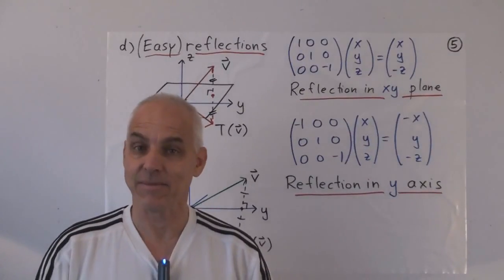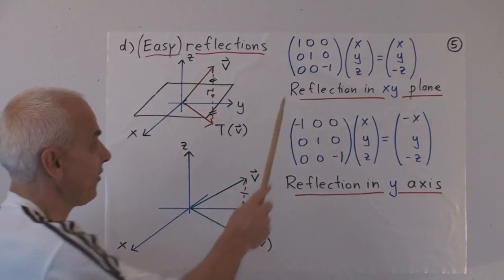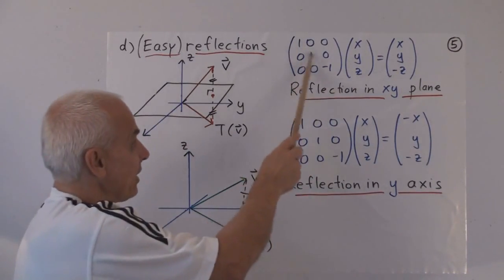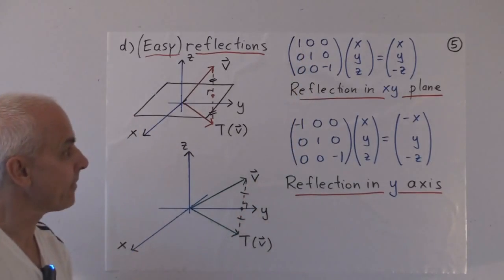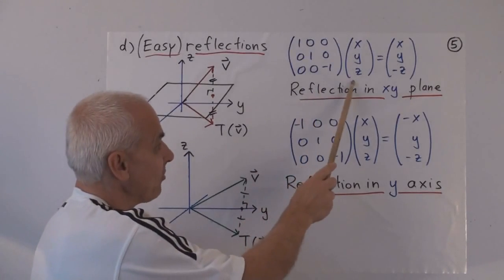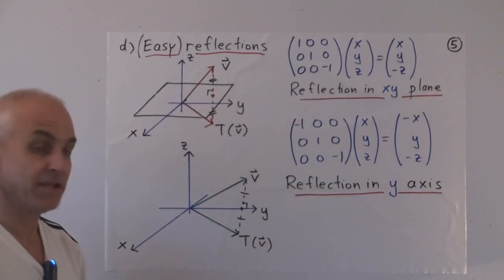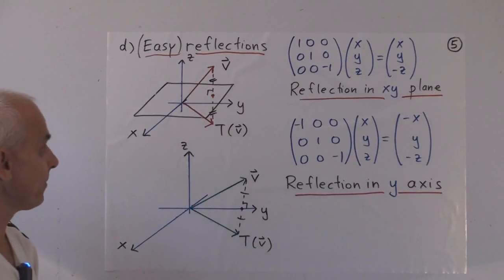Now let's have a look at some simple examples of reflections. This matrix here is one of the kind we've been talking about. It has only diagonal entries, but the diagonal entries are 1, 1, and -1. When we multiply this matrix by that vector, we get x, y, minus z. Everything stays the same, except that the z component is replaced by its negative.